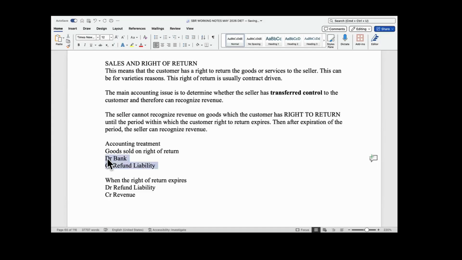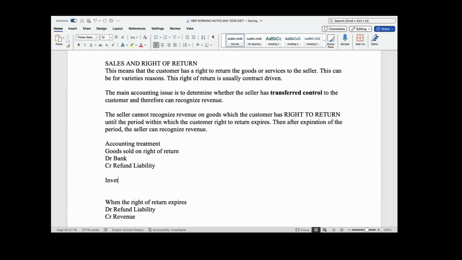So you know that you have sold the goods, and you did not recognize revenue. So what do we then do with the inventory?